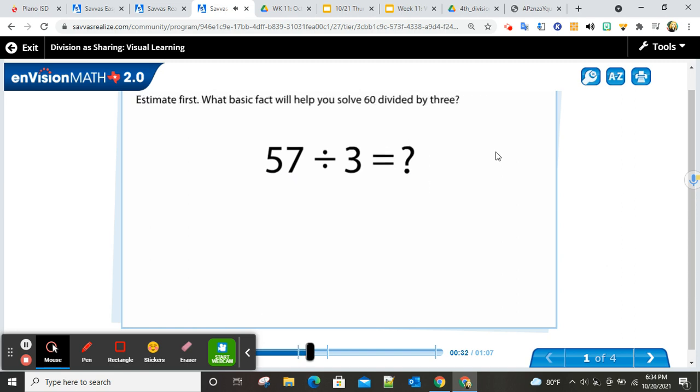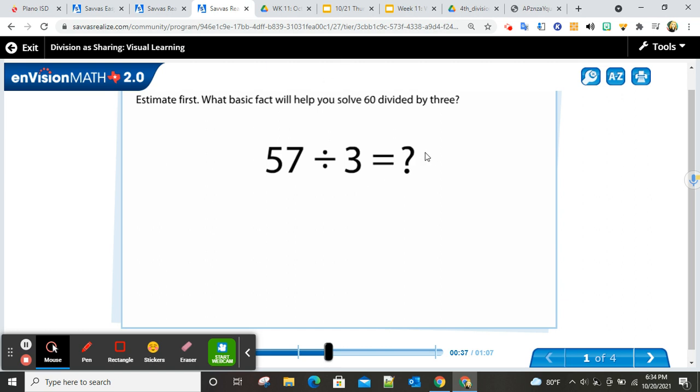Estimate first. What basic fact will help you solve 60 divided by 3? Well, we've been using mental math all week, and we know that 20 times 3 equals 60.